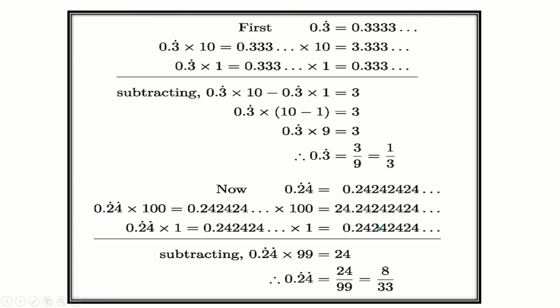So subtracting, we get 24. This part is common, so 100 minus 1 equals 99. Clear? That means this equals 24 divided by 99, which equals 8 by 33. Clear?